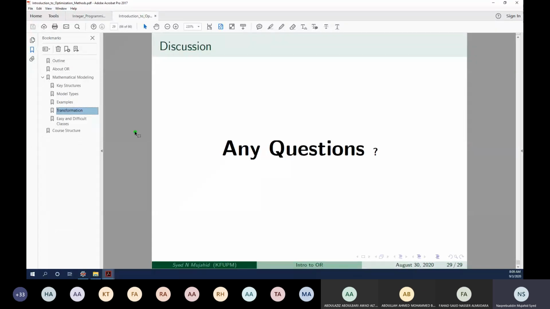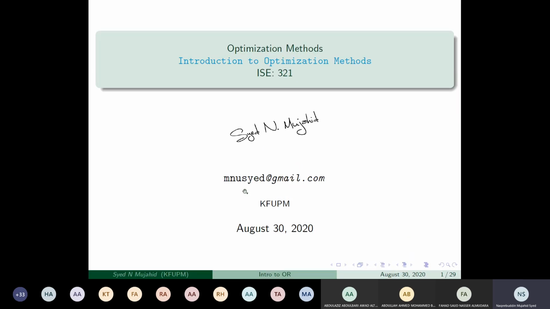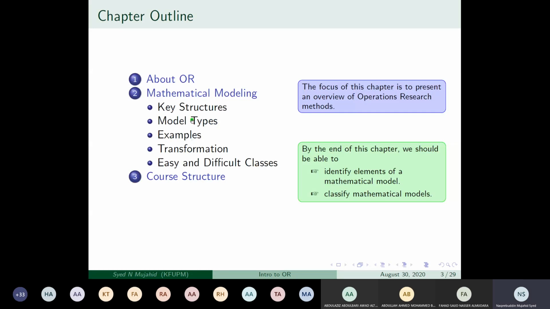In the last class, we have been looking at this slide, the introductory slide. And so far what we have seen is what are the different structures that you can find in any OR model, or you can say the blocks in an OR model. And then based on those blocks, we have seen how to identify different model types.